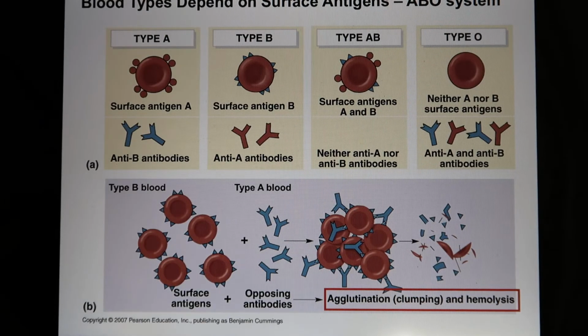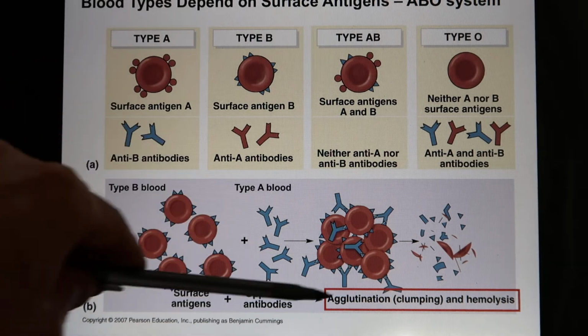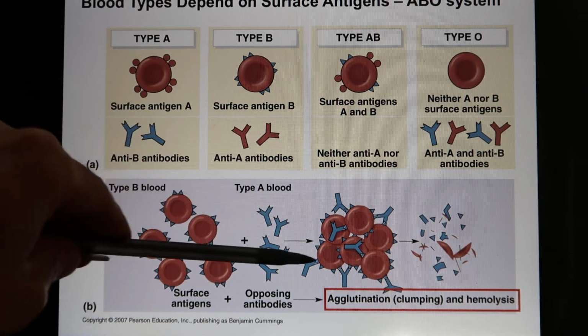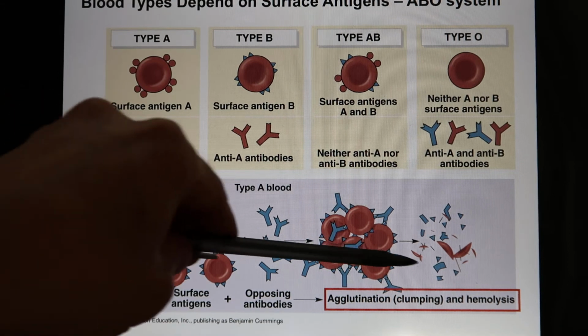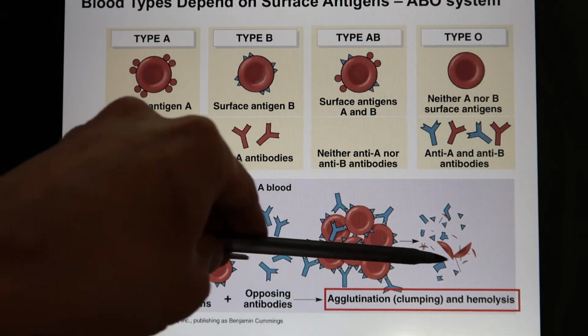So this person is blood type A. He has anti-B antibody in his blood. If you put in anti-A antibody, it's going to bind with this and form coagulation, and it will form a clot. If this really happened in your body, you'd block the blood vessel and damage your kidney.